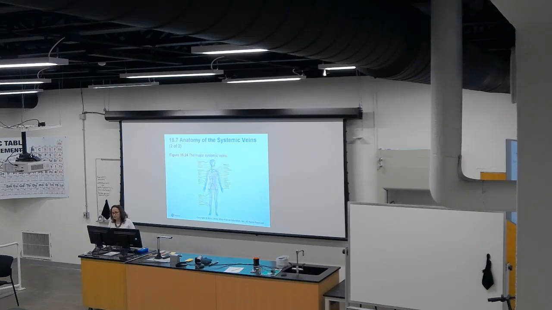Okay, so we ended up in this slide, and I was showing you the location of the different veins in our body. One detail about most veins in comparison to arteries is that veins, since they don't have as much blood pressure, tend to be more superficial than arteries.